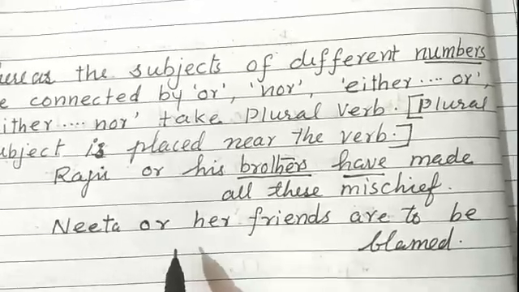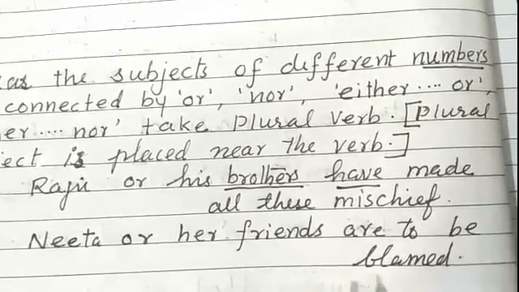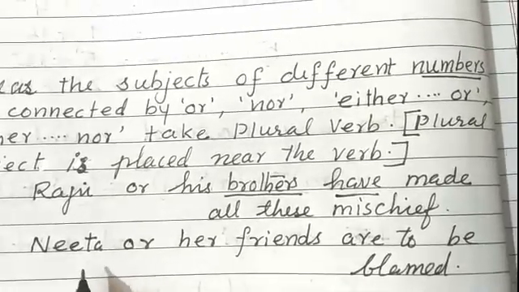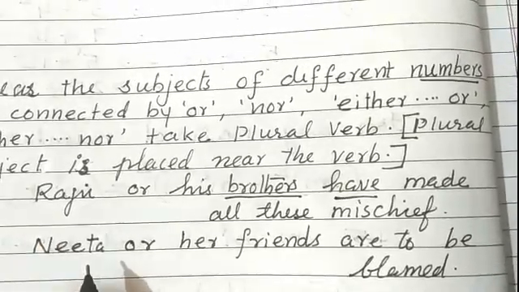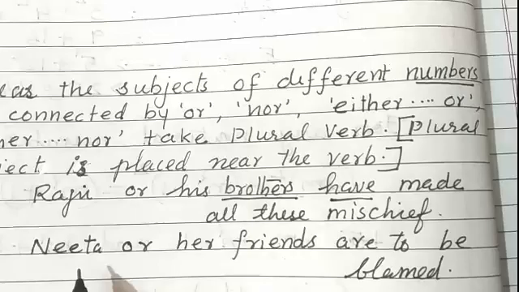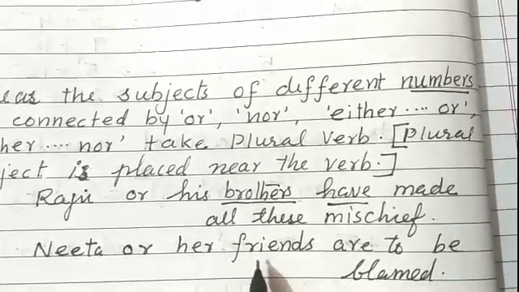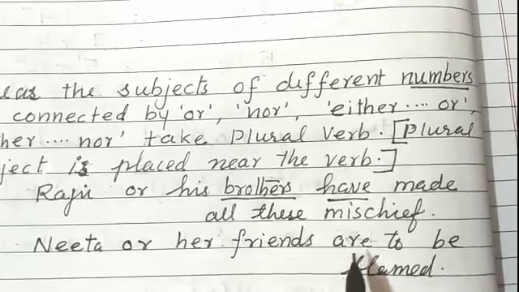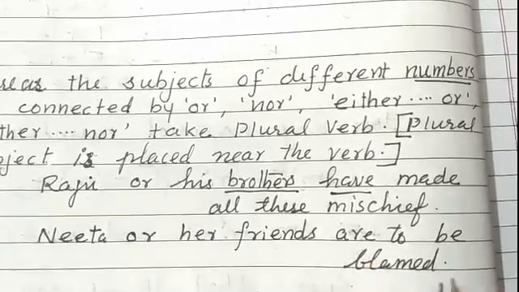Neither he nor her friends are to be blamed. Here the subjects are of different numbers, and we have placed the plural subjects near the verb, and then we have given the plural verb.